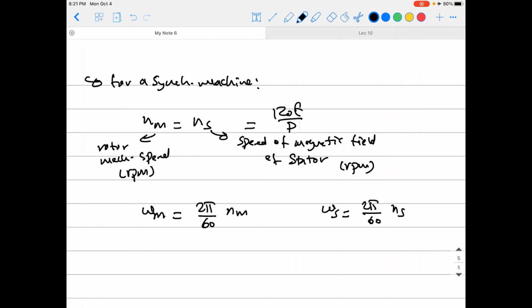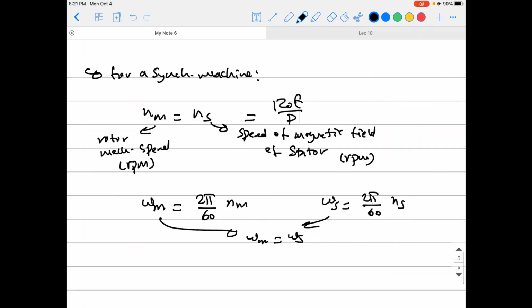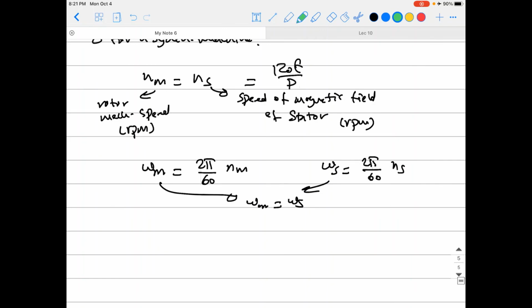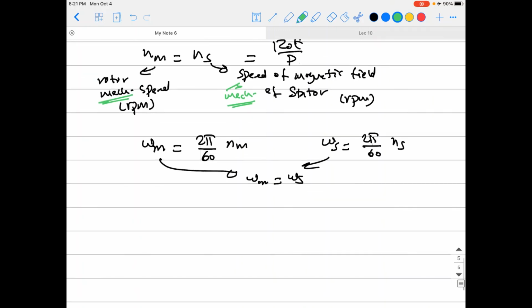But again, for a synchronous machine, omega m equals omega s. Guys, both of those are mechanical speeds. The speed of the magnetic field is the mechanical speed of the magnetic field. That's a mechanical speed and that's a mechanical speed.